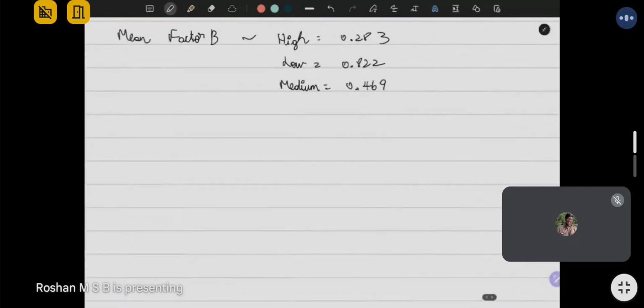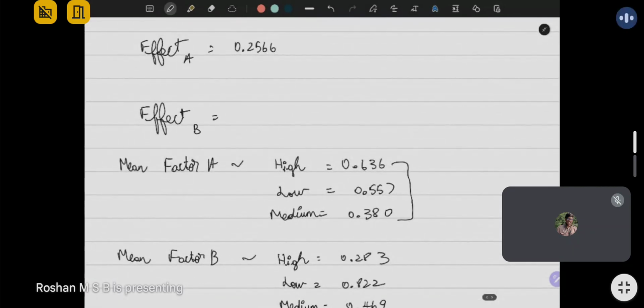And the effect for B will be 0.5384. 1.3. Okay.